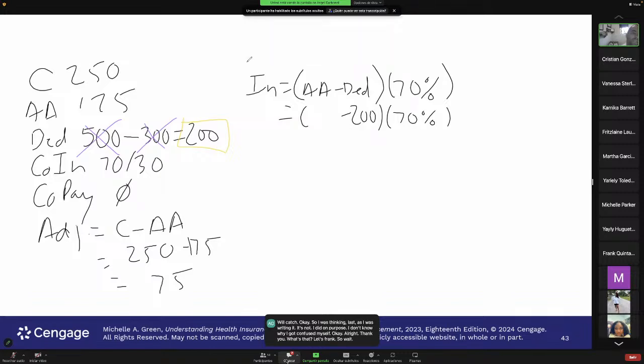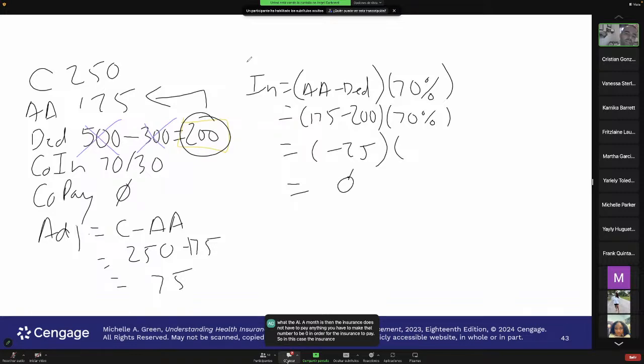So wait, it says 175. Okay. So now what? It means the insurance company cannot pay a negative number, so minus 25. That means the insurance company is not going to pay anything, okay? Because as soon as the patient owes more than the allowed amount, the insurance does not have to pay anything. You have to make that number 0. So in this case, the insurance pays nothing.